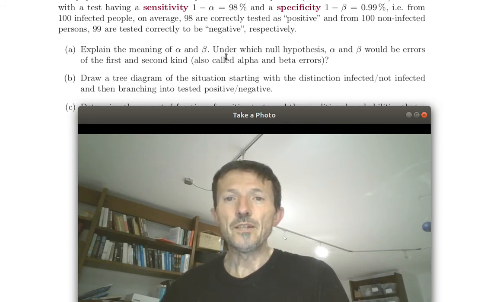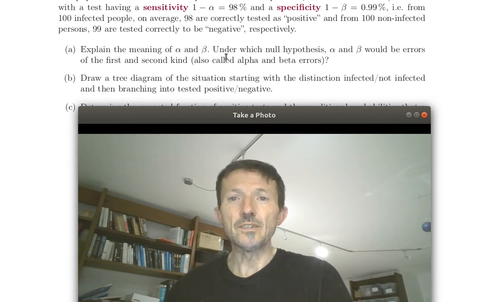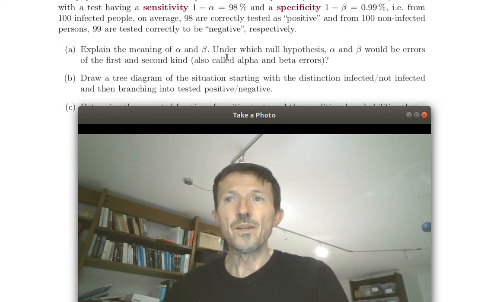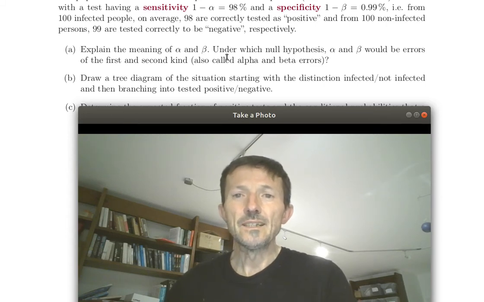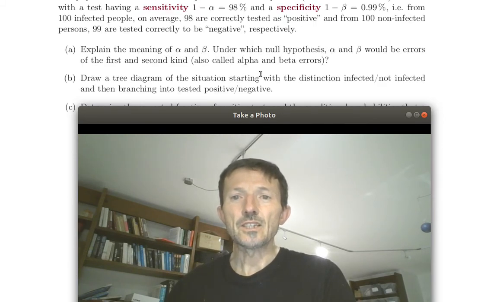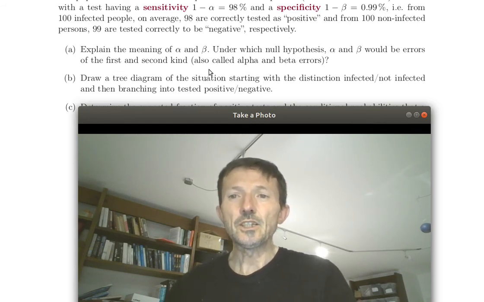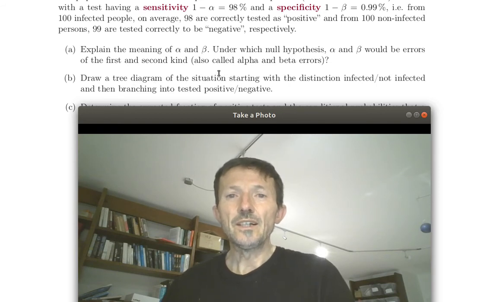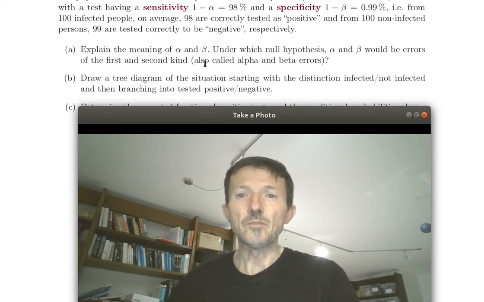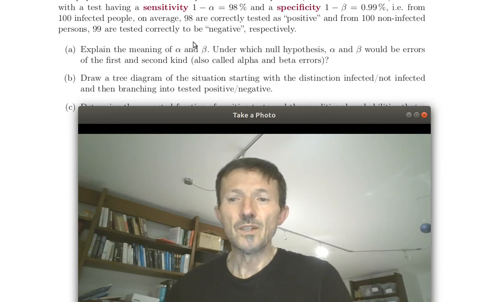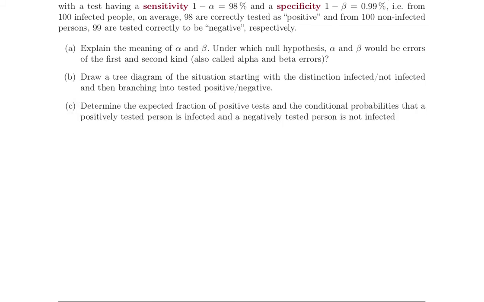The probability that a positively tested person is ill is always a case for the theorem of Bayes. And this theorem can be most easily and intuitively analyzed by drawing a probability tree of the situation. So we start with a distinction infected, not infected, and then branch into tested positive and negative. So let's do this.